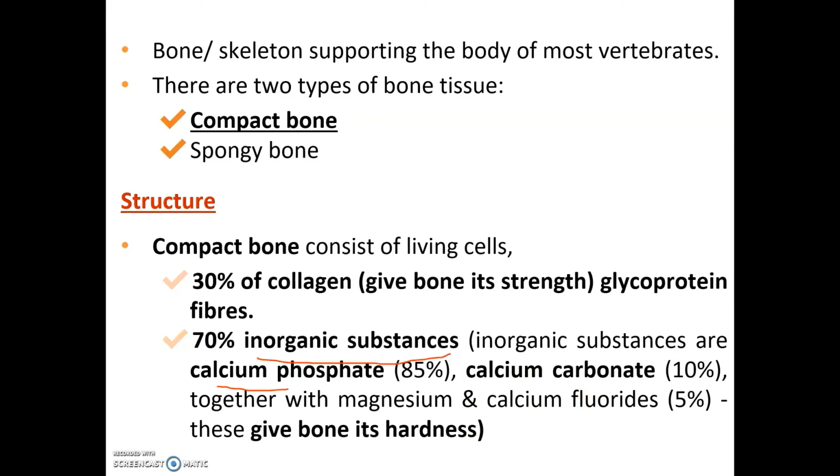For this inorganic substance, the function is to give the bone its hardness, because this is the mineral substance. Another 30% is made of collagen. Collagen will give the bone its strength.